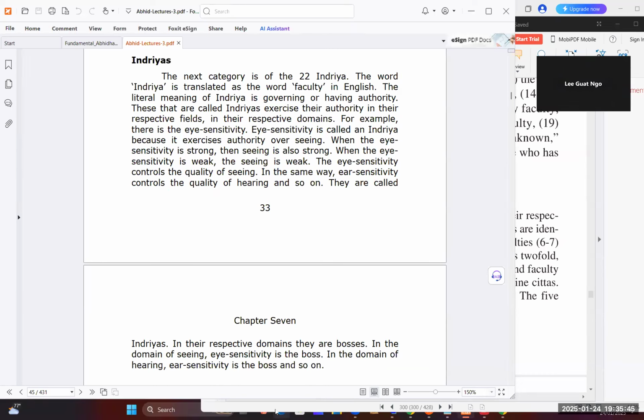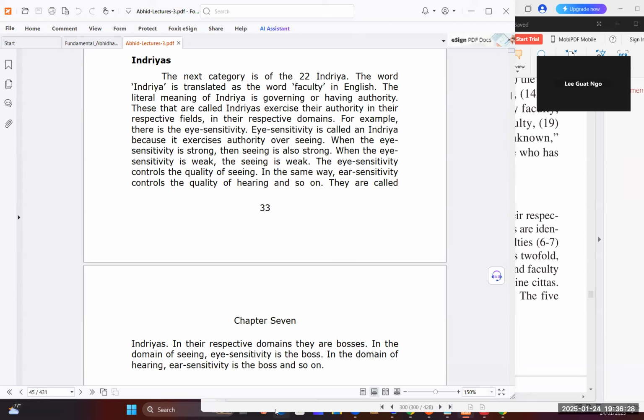The next category is of the 22 Indriya. The word Indriya is translated as the word faculty in English. The literal meaning of Indriya is governing or having authority. These that are called Indriya exercise their authority in their respective domains. For example, eye sensitivity is called an Indriya because it exercises authority over seeing.